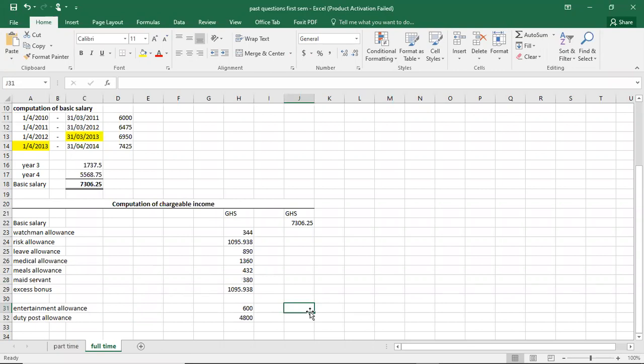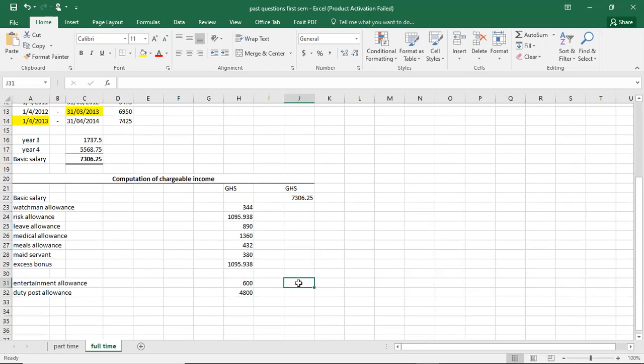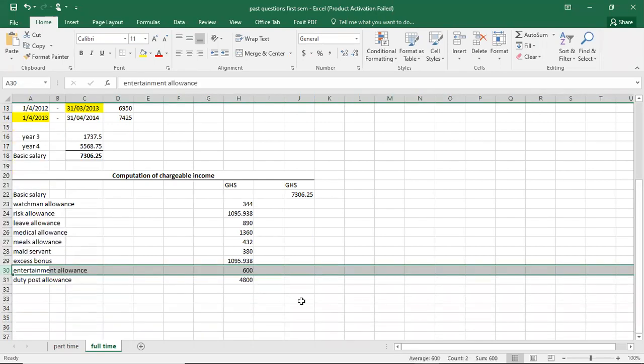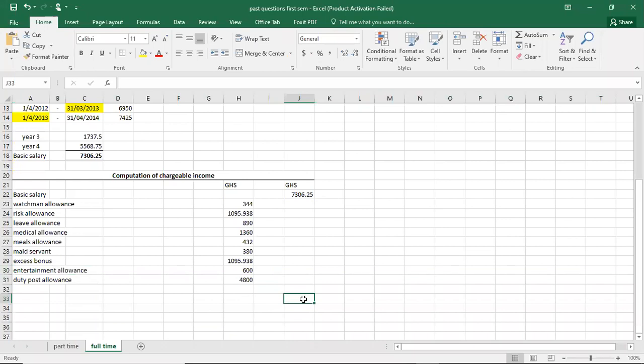Then we are bringing it here because it is paid directly to Mr. Mills Sabote. He is entitled to a bonus of 40% on basic salary. And by law, bonus up to 15% of the basic salary is added to the chargeable income and taxed when you are calculating for tax liability.